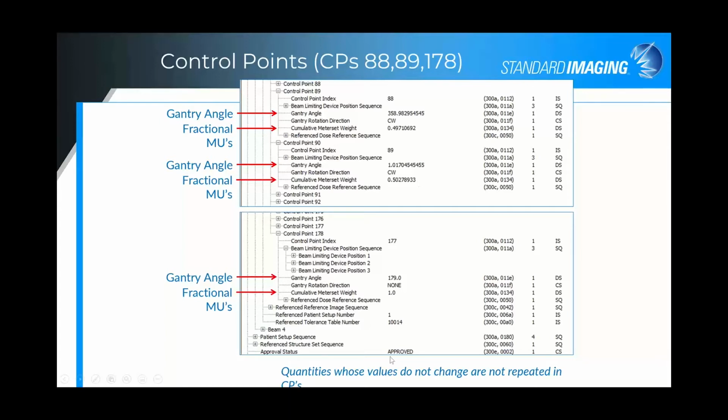And finally, at the last control point, the fraction cumulative meterset weight is 1, and our gantry angle is at 179. So that's just a quick peek into an RTPlan to learn a bit about control points. And I hope that helped give you some insight into how the RTPlan and the log files are linked.